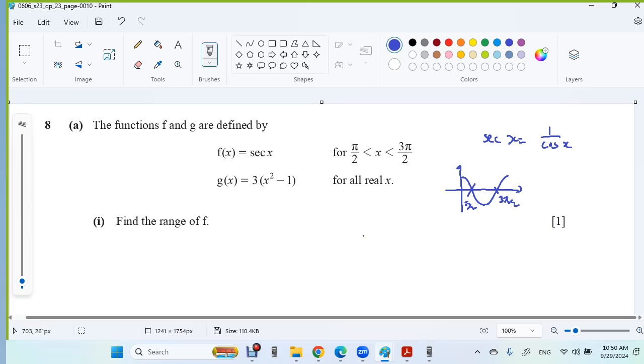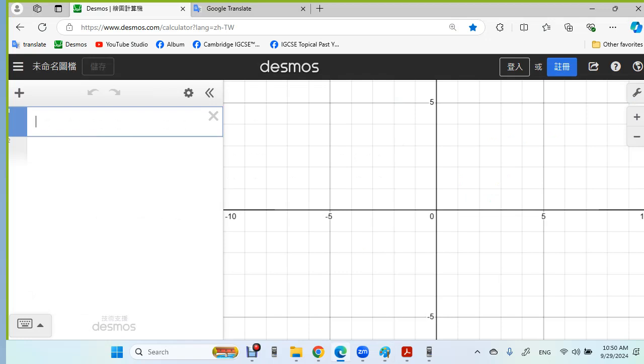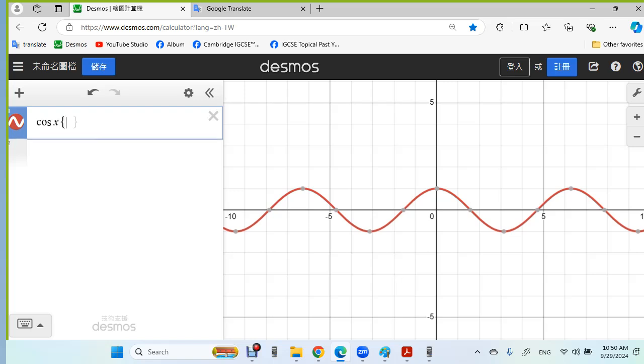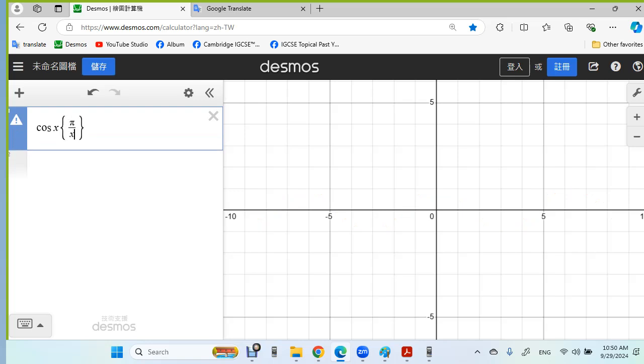so it will be from less than -1. So we use Desmos, so we have the cos x, and the x is between pi over 2 and 3 pi over 2.